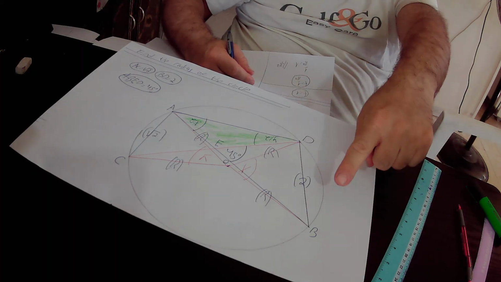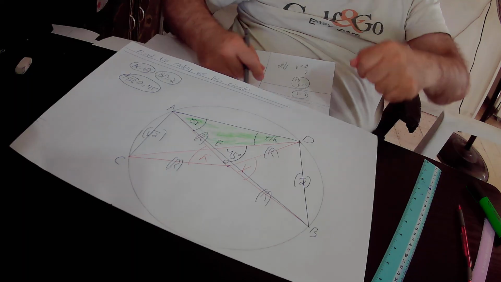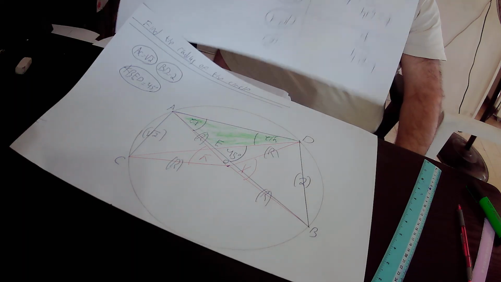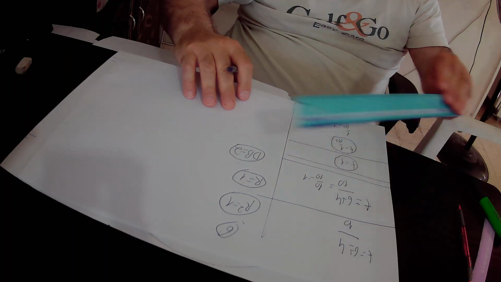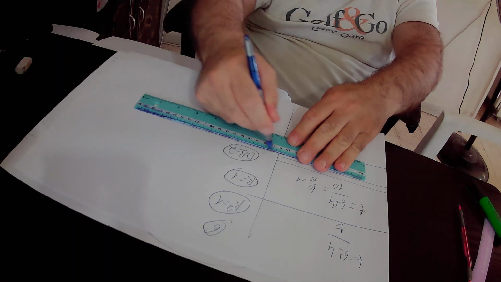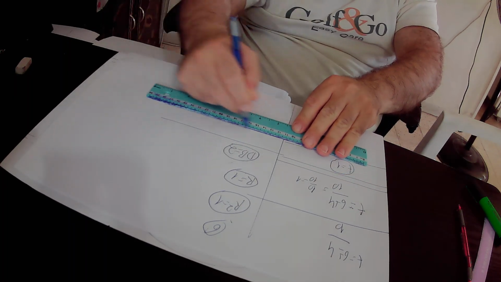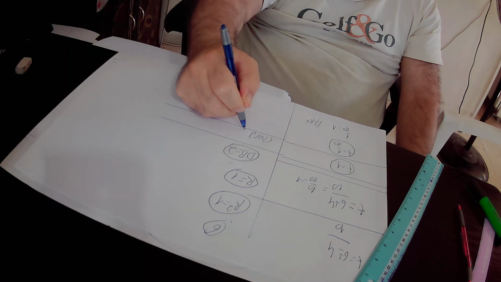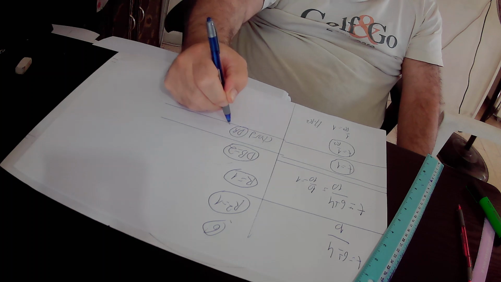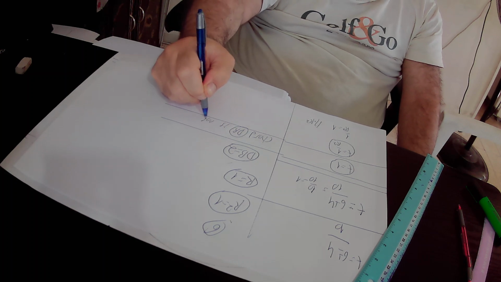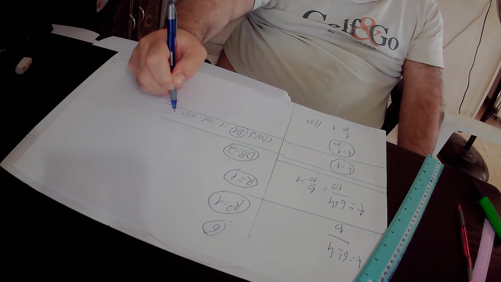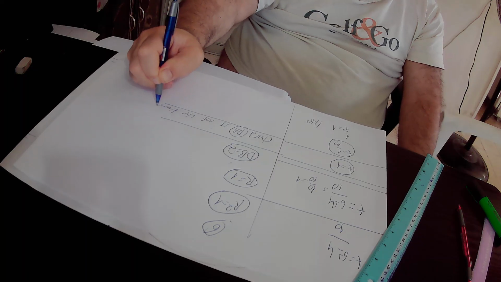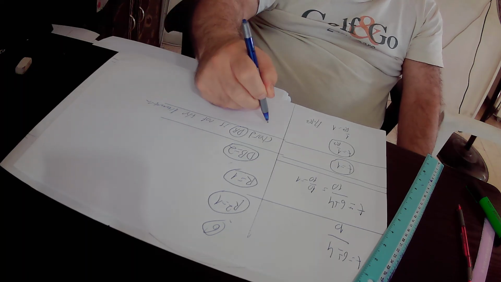Again, chord DB is definitely not the diameter of the circle. So from the drawing, it is very easy to see that chord DB is not the diameter of the circle.